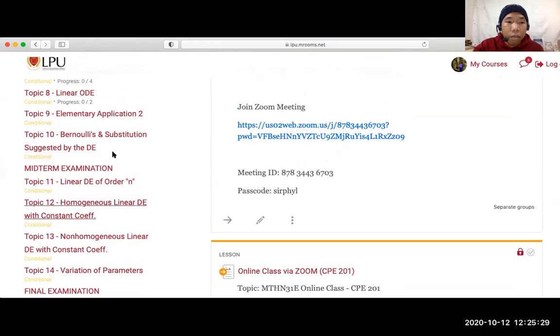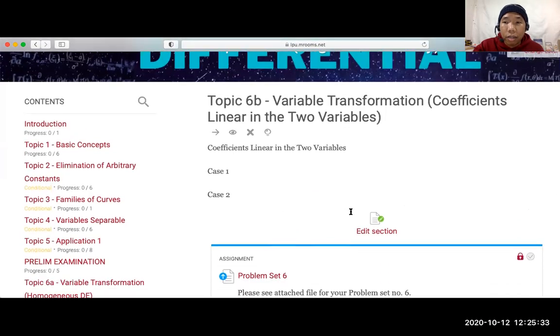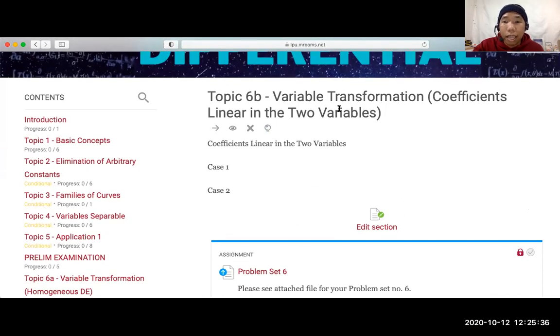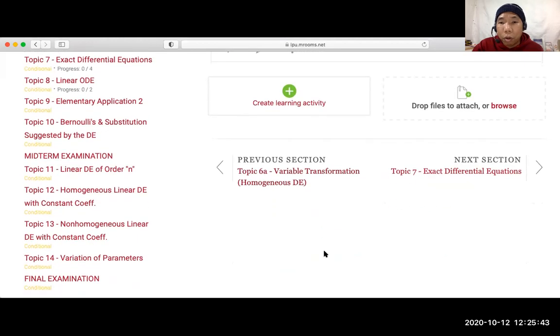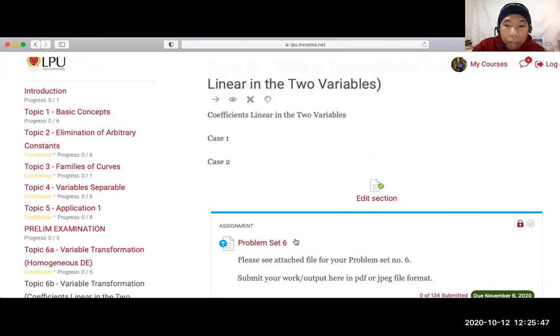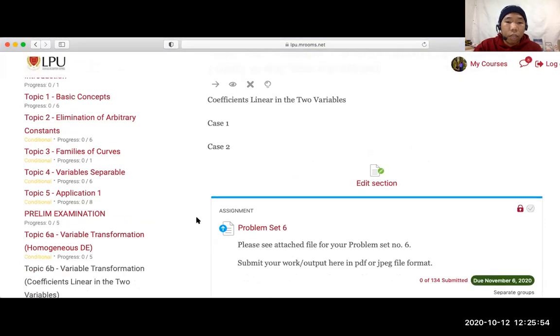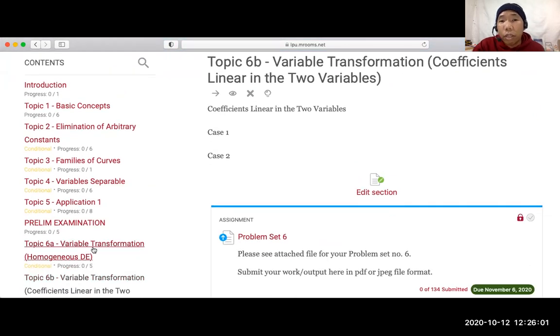And for Thursday, I'll be posting here the link for our Thursday's meeting. Again, the meeting for Thursday is not required, but if you're available, please attend our lecture, though it will be recorded. You can also see here problem set number 6. You will have two problem sets for this week. The first one involves homogeneous differential equations, and the second one is, of course, this topic, linear coefficients in two variables. Okay, any more questions, guys?